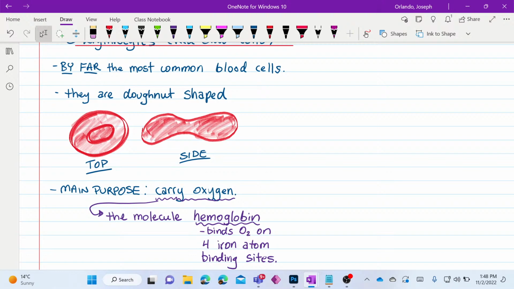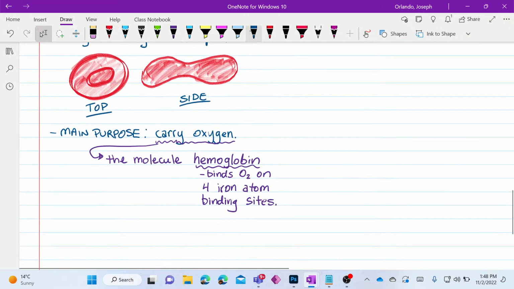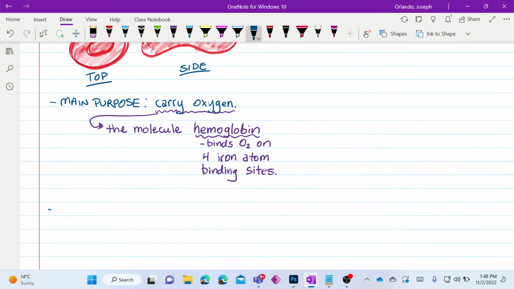Okay, so listen. That is the main purpose of red blood cells. Now there's something to note. They have what we call protein markers called antigens on their outer surface.